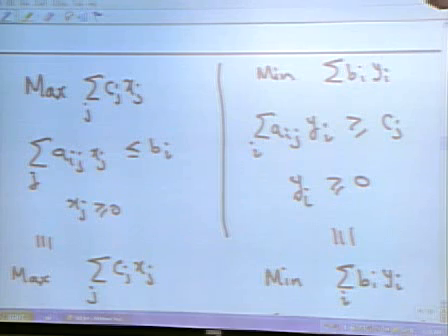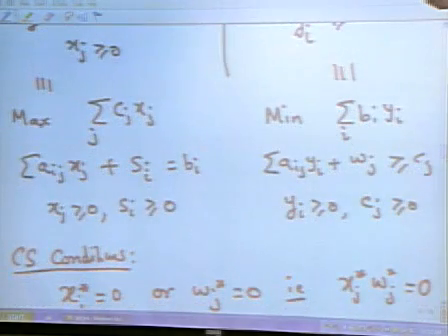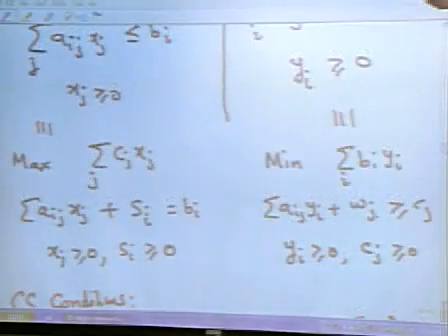Let's try to understand what these conditions mean in a little bit more detail. So here again are the primal and dual problems. Now what I'm going to do is convert them to standard form. To convert the maximization problem into standard form, I have to add some slacks, si. And to convert the minimization problem into standard form, I actually have to subtract wj.